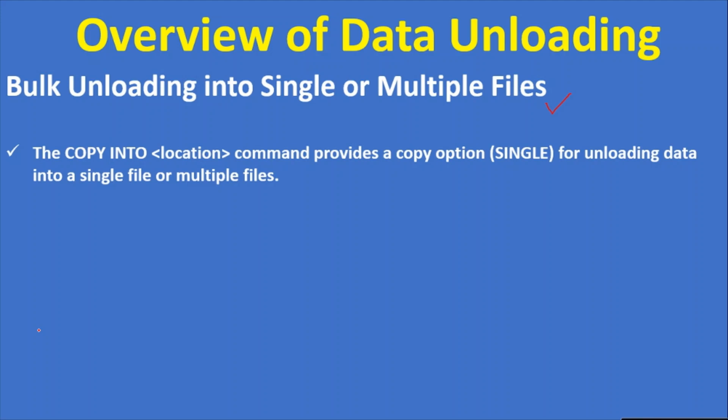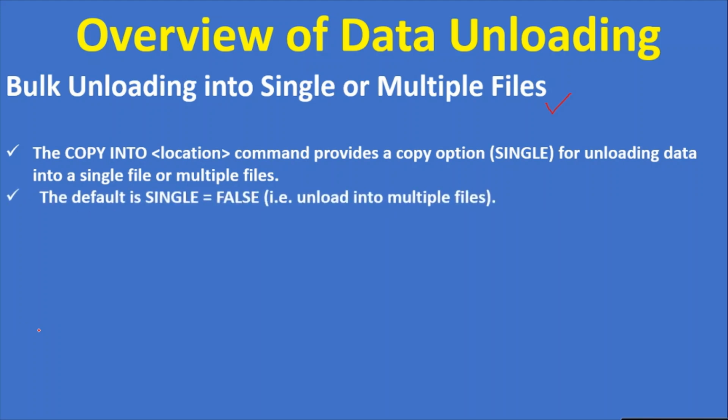If you write multiple files, your process will also speed up, because multiple files means it will unload the data in parallel. That is the advantage of using multiple files as part of your copy command. So the default is single.